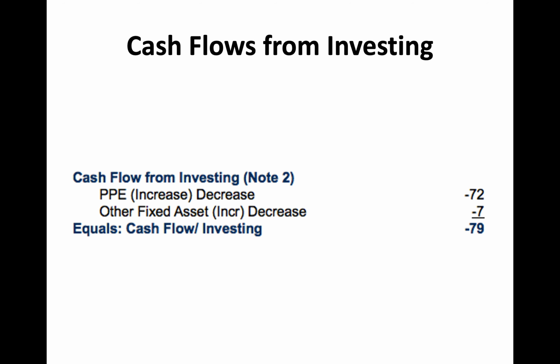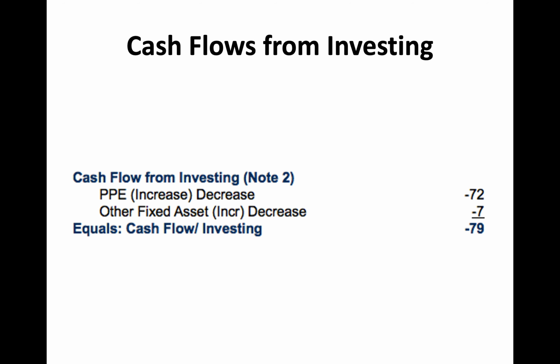How about investing? This is about buying and selling assets. So PPE, property, plant, and equipment. In this case, we have an increase and we have brackets around it. We have a decrease, it's a positive number. Same thing of other fixed asset. If we have an increase, we subtract it.